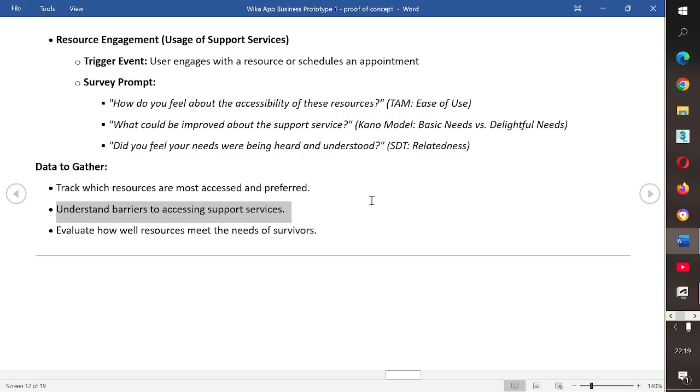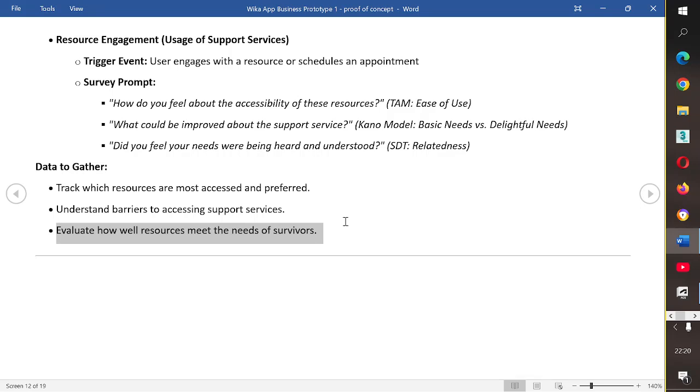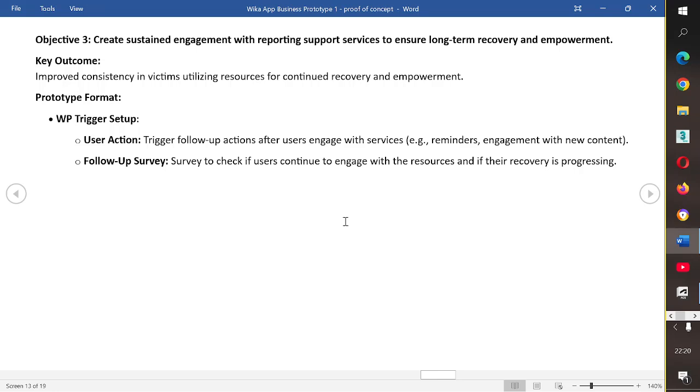So this is information we'll have by way of data, the barriers to accessing support services, all these that we have said. And then we'll evaluate how well resources meet the needs of the survivors. Okay, so we'll be able to rank them, which ones meet which needs and to what extent. And this could be information that we can make available for people who are interested. Of course, we don't reveal anyone's names.